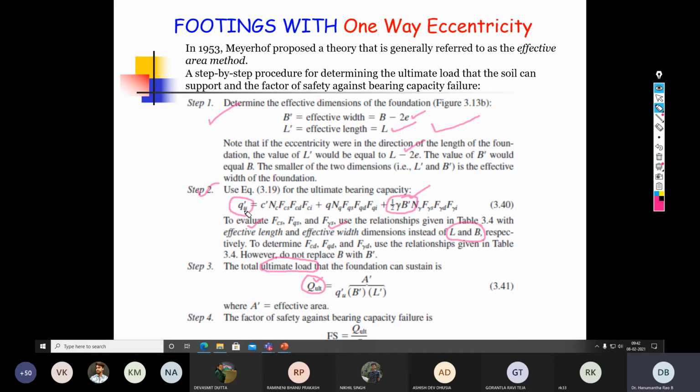If it is a stress, you must represent it with a small q. So your load is nothing but the stress multiplied by the area. That's it. And when you calculate the ultimate load on a footing with one-way eccentricity, again you use the effective length and the effective width.